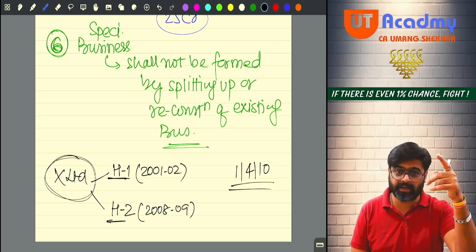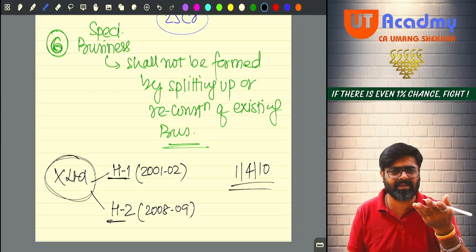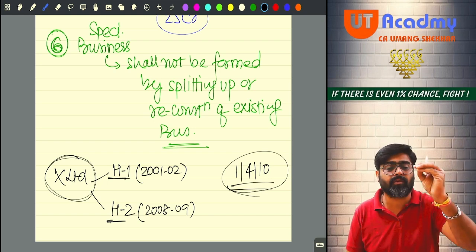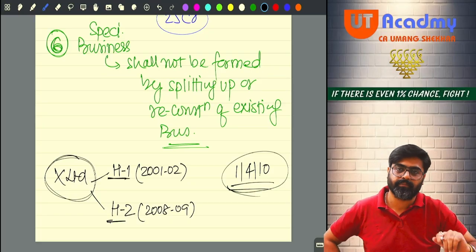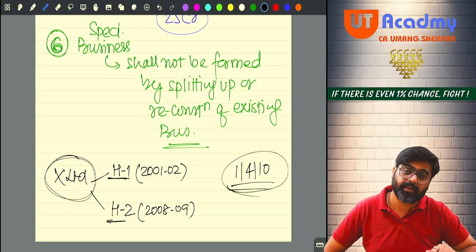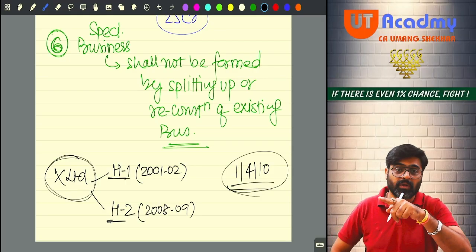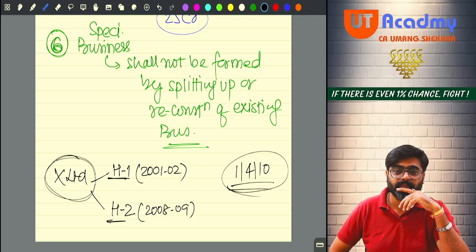We are just taking an example, this might not be the exact date. The date can be 1st April 2012 also, but we are assuming 1st April 2010. Have you already commenced both the hotel operations prior to this date?